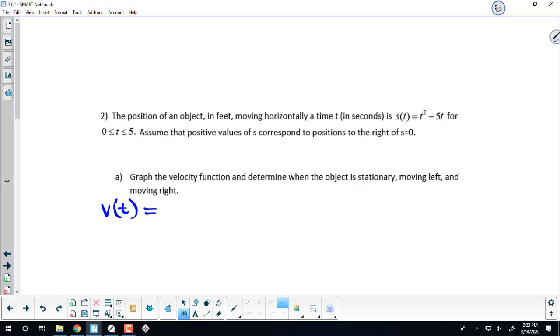It's the derivative of the position function. Like we said on the first page, velocity is just the derivative of the position. So our velocity function is 2t minus 5. Just a linear function.